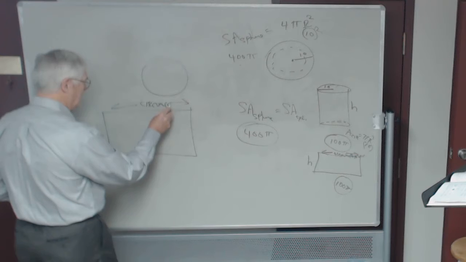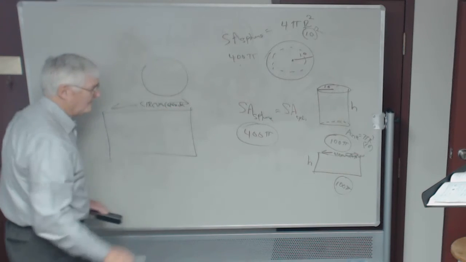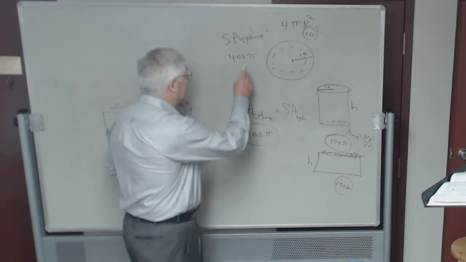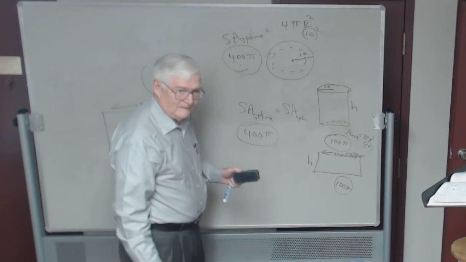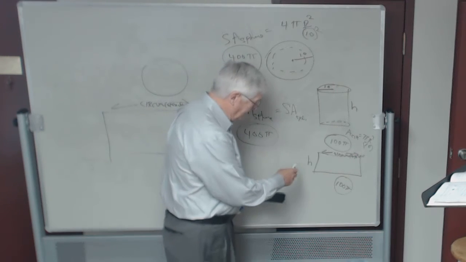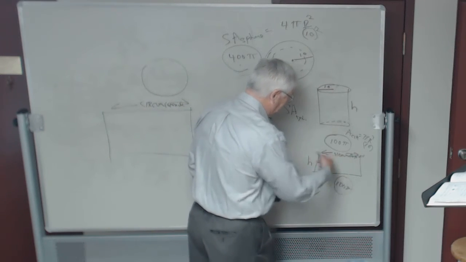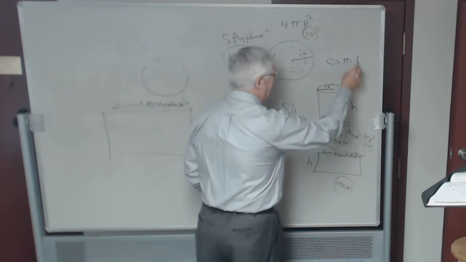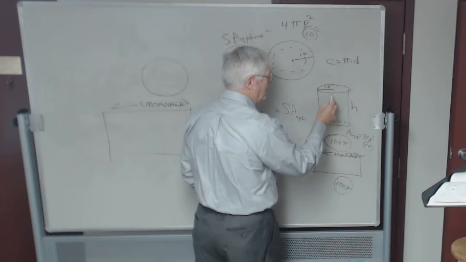Okay, so then how do we find the height? Well, do we know the circumference of the circle? Circumference is what? Pi times diameter. What's the diameter?